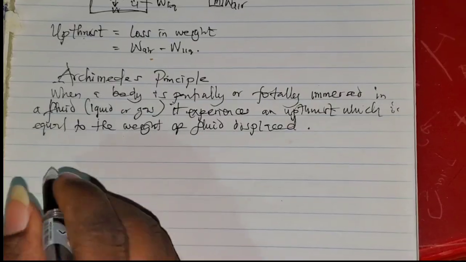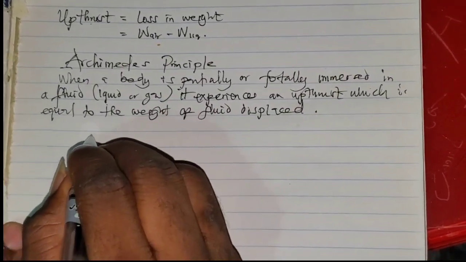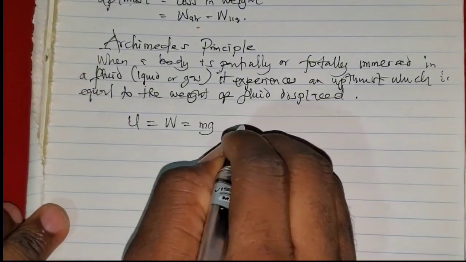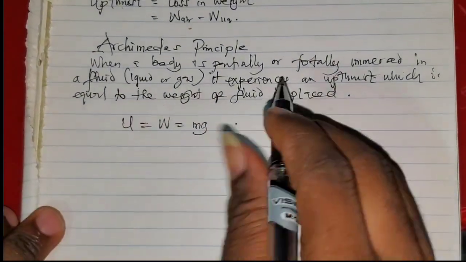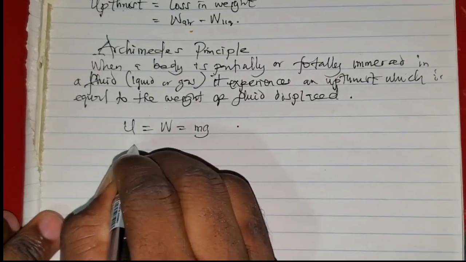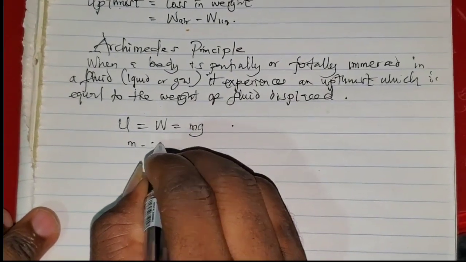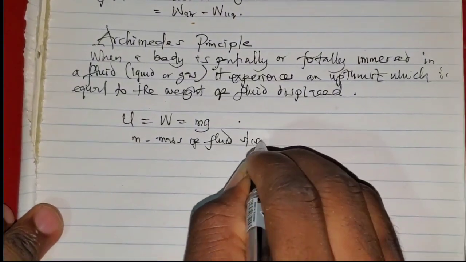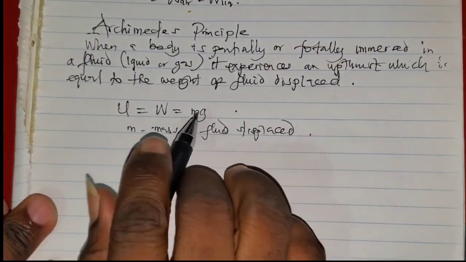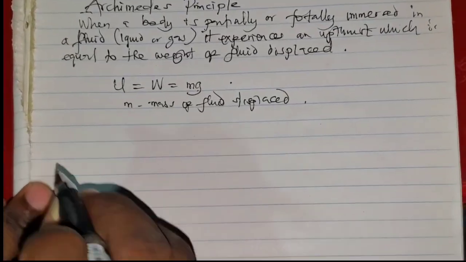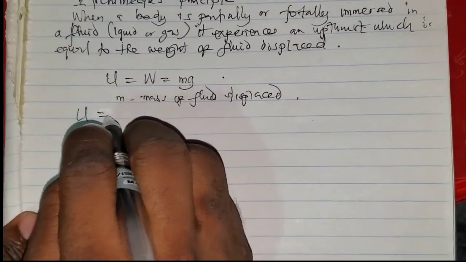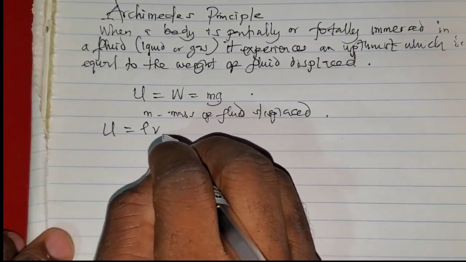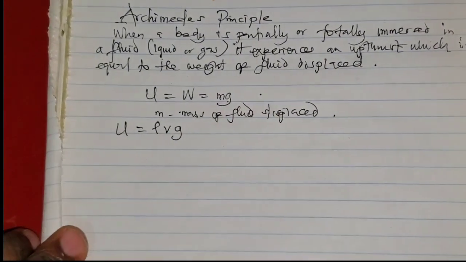So from Archimedes' principle, we can say that the upthrust is equal to the weight, and the weight is also equal to mg. We have to note that. Here m is the mass of the fluid displaced, and g is the acceleration due to gravity. We can also say that the upthrust is equal to the density times the volume times the acceleration due to gravity.